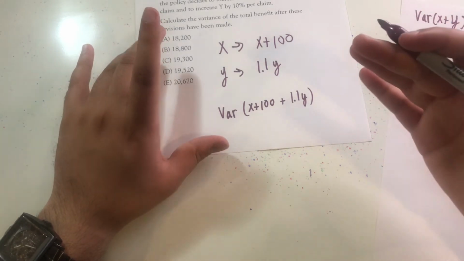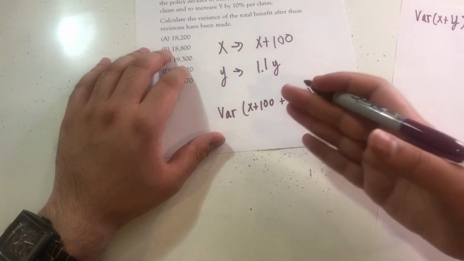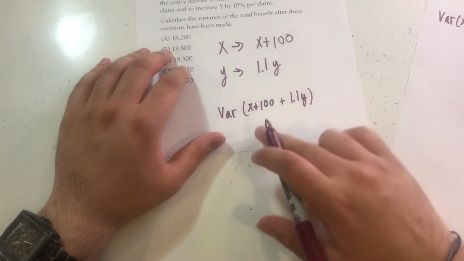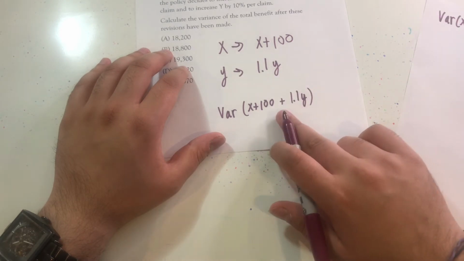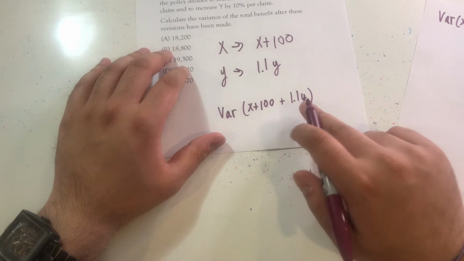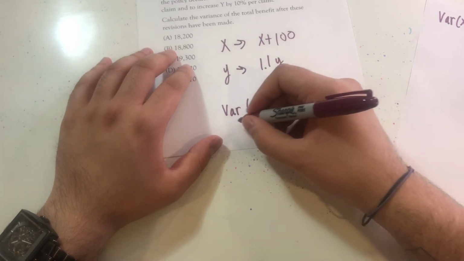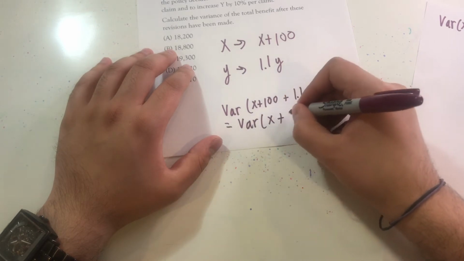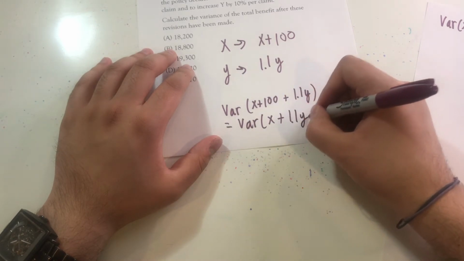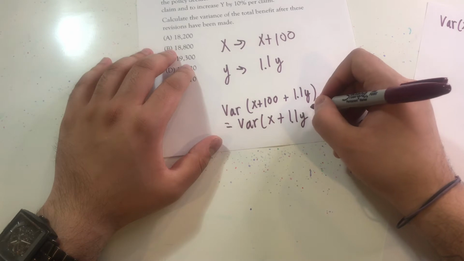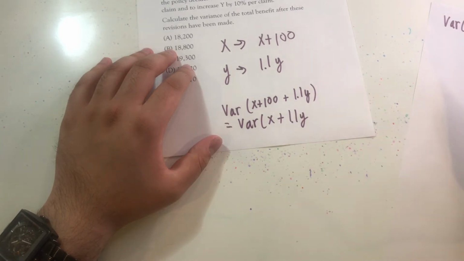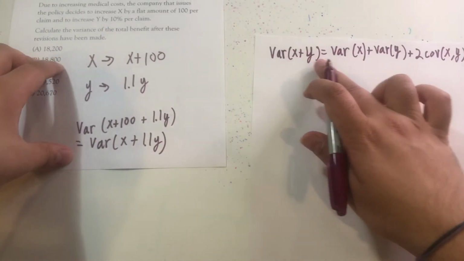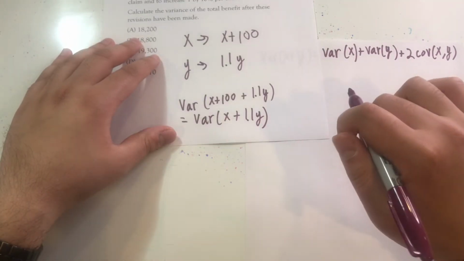So, for example, the variance of X plus 100 should just be equal to the variance of X. So therefore, the variance of X plus 100 plus 1.1 Y should be equal to the variance of X plus 1.1 Y. Right? Simple as that.